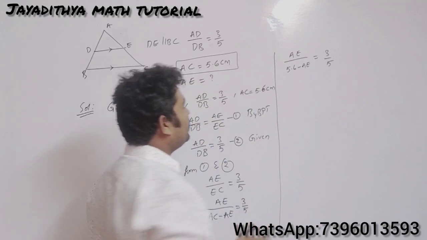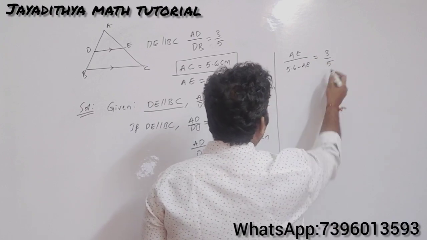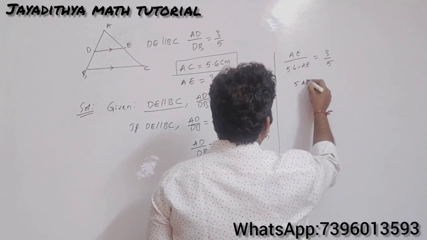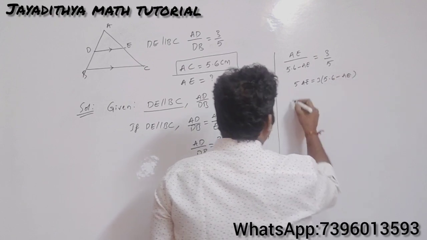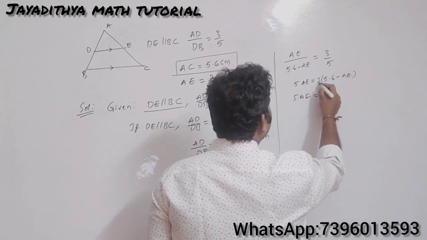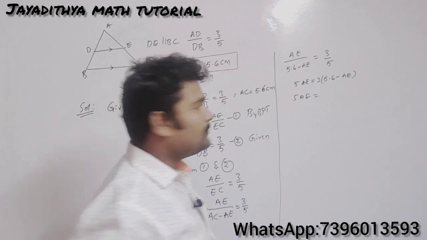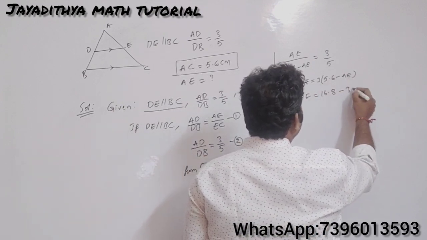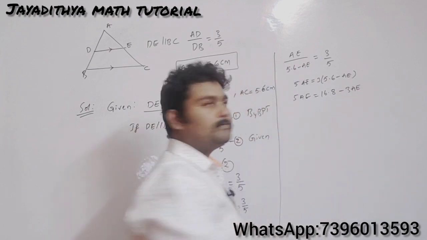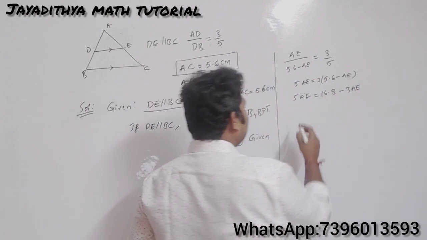Do cross multiplication here. If you do cross multiplication, that will be 5AE is equals to 3 into (5.6 minus AE). So this is 5AE is equals to 3 into 5.6, which is 16.8, minus 3 into AE, that is 3AE. Clear? Now you bring 3AE this side.